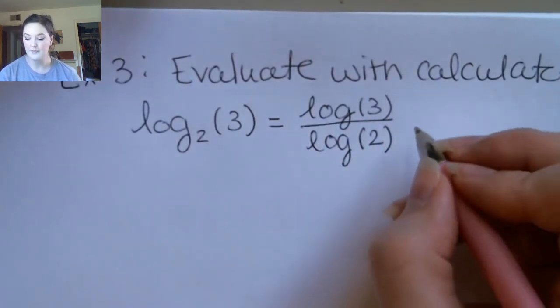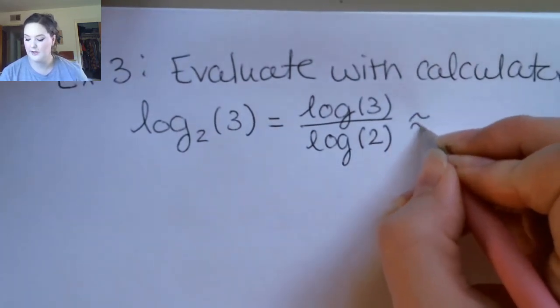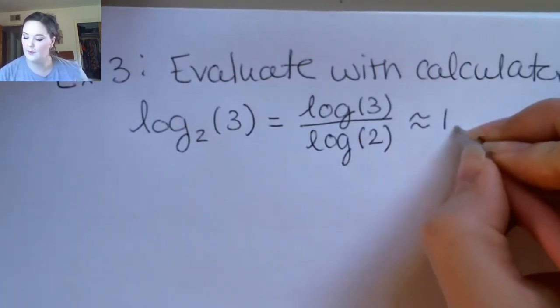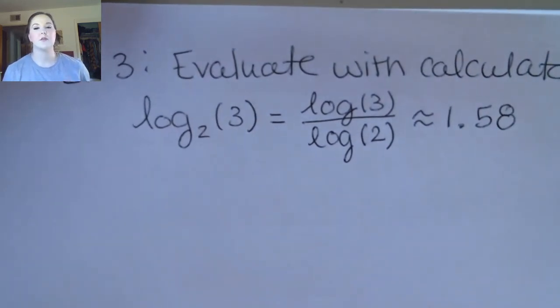Then you can punch this into a calculator and you should get that it's approximately 1.58. Make sure while you're watching this video that you are able to get this with your calculator. You know how to use this function, especially with the test coming up.